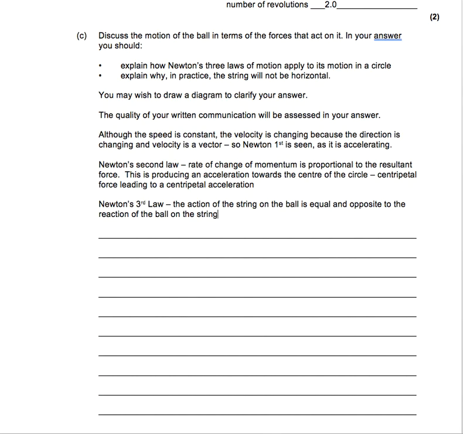The final part of the question is explain why in practice the string will not be horizontal. Well, the one force we haven't considered acting on the ball is the weight.